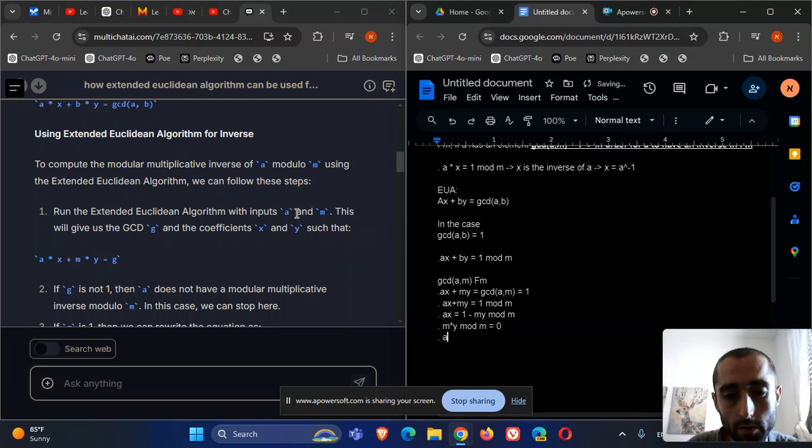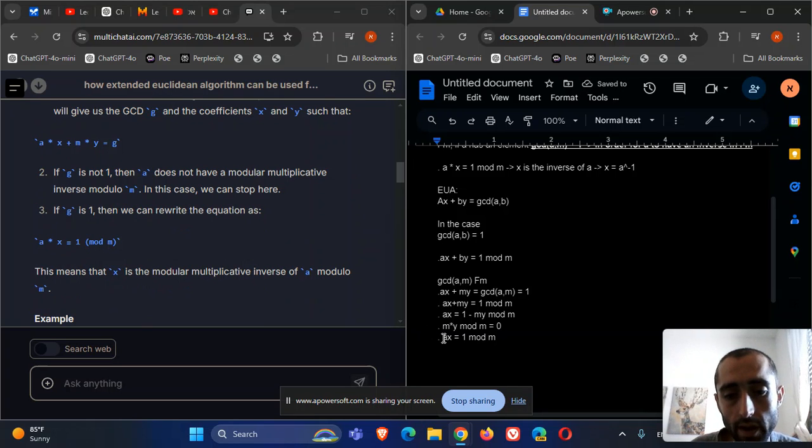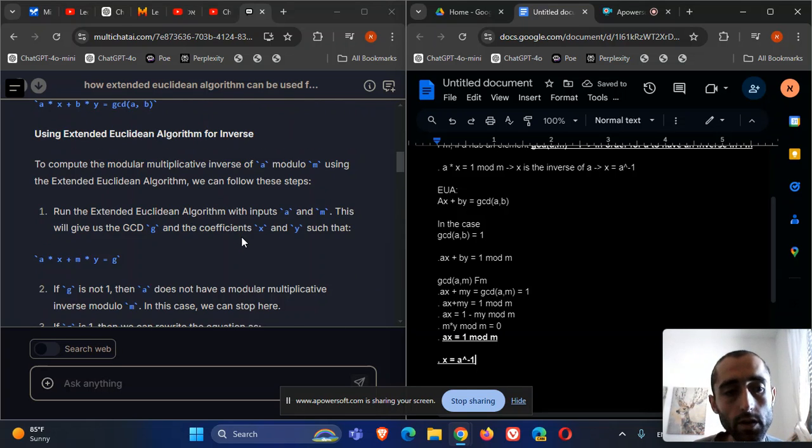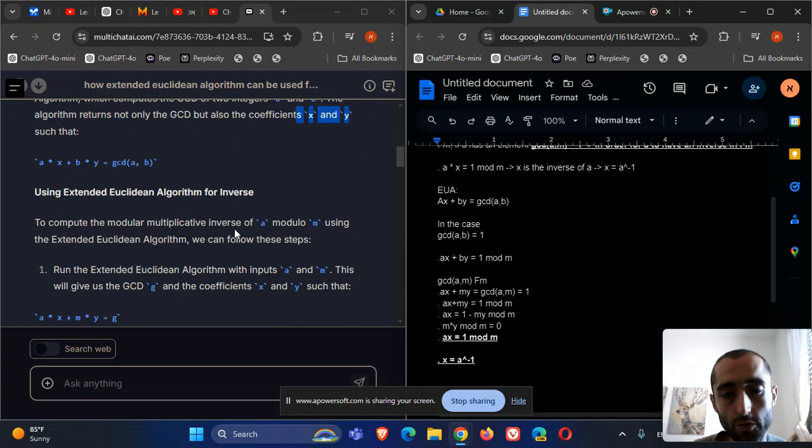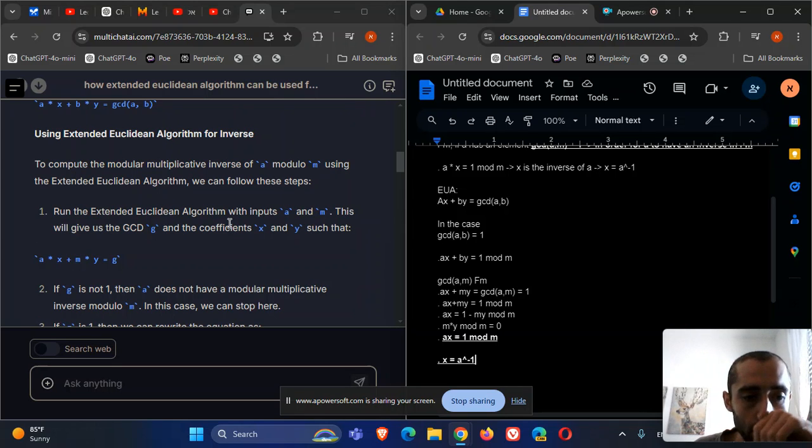So what you get from this equation is that ax equals 1 modular m. This is the definition of an inverse, so x is a to the minus 1. The x we get from the extended Euclidean algorithm of a and m is just the inverse.